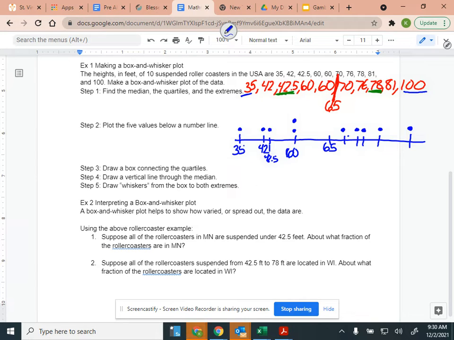Now we're going to do some plotting. Draw a box connecting the quartiles. So we know that 42.5 was one quartile, and our other quartile was 78. So that is each end of my box. The lower quartile is one end of the box.